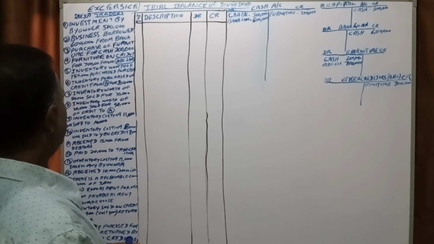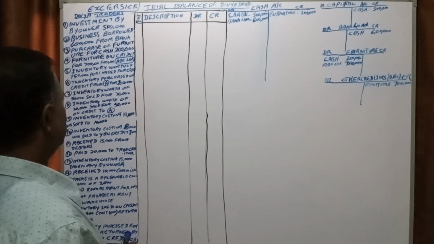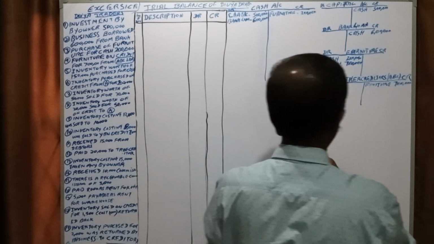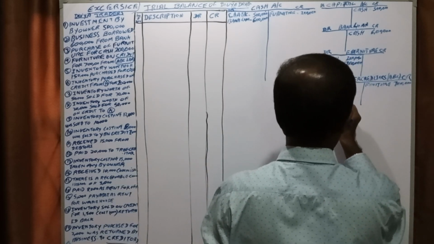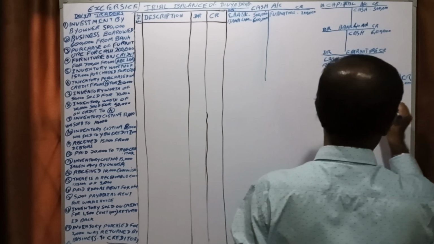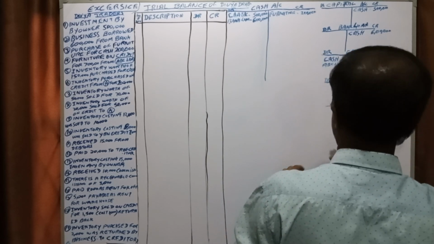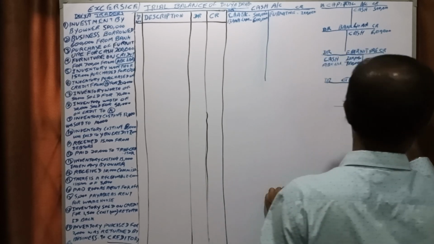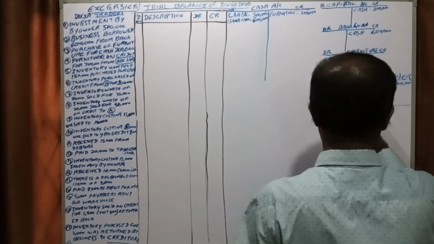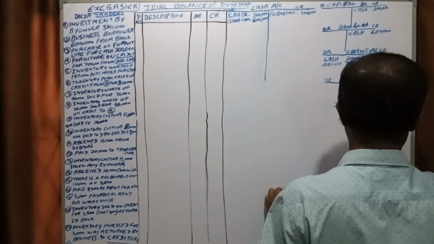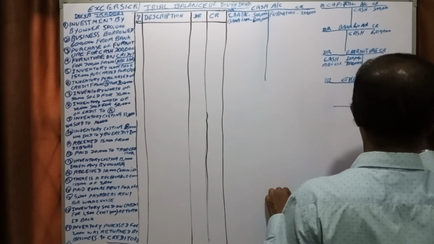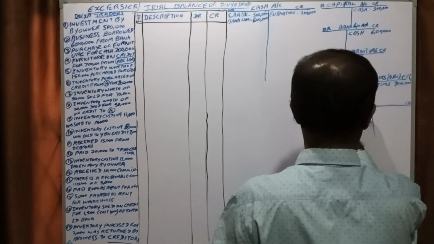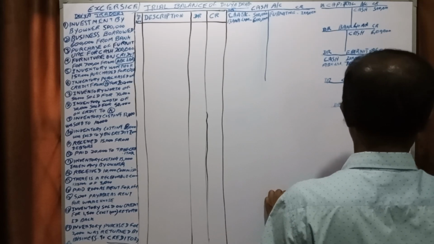Number 5 is inventory worth of 100,000 purchased for cash. Next adjustment is for inventory. This is CR. Okay. This is BR.